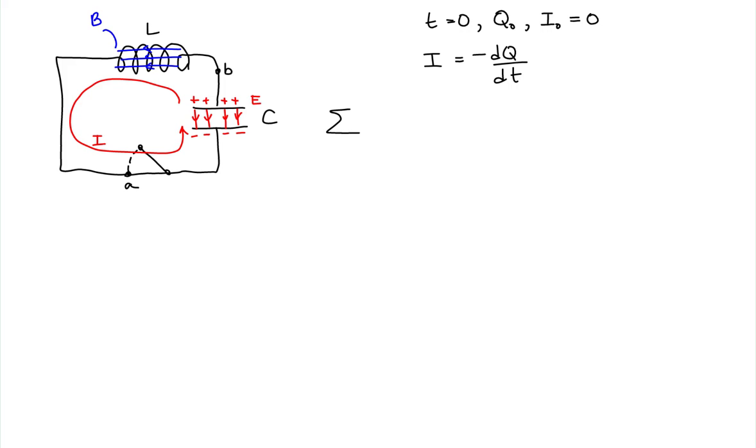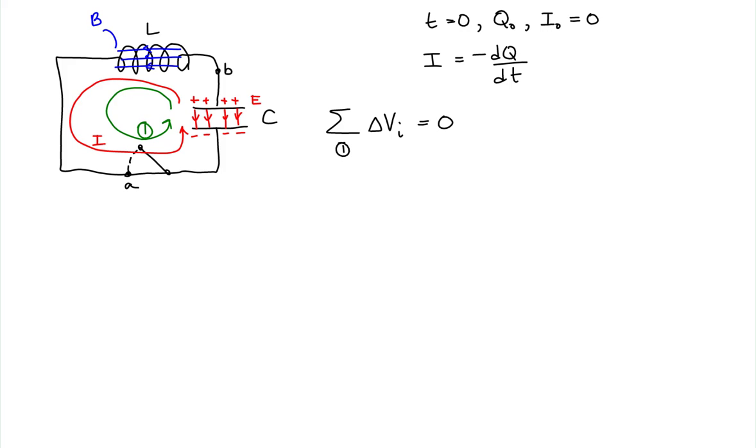Remember that Kirchhoff's loop law says in a closed loop, the sum of the potential differences is equal to 0. Let's define the loop that we're going to analyze, which is pretty simple. Let's analyze this loop in the counterclockwise direction.